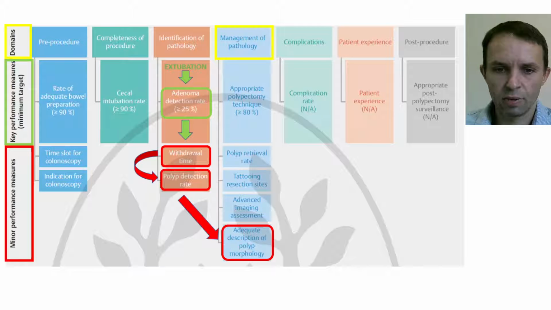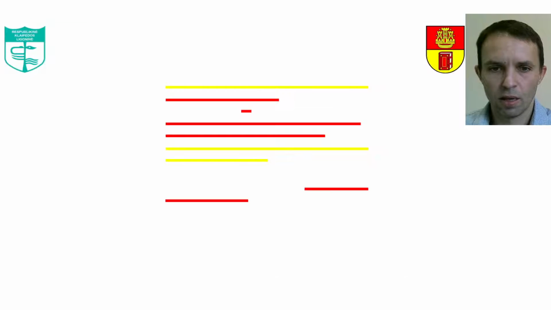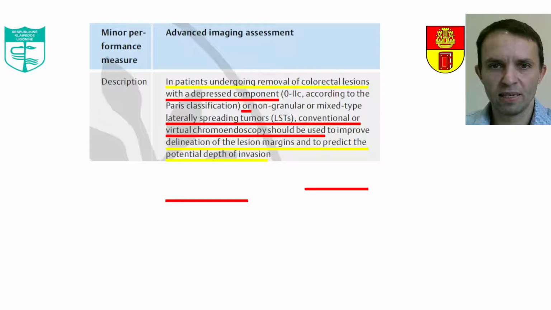After the adequate description with the Paris classification, we go to the next minor performance measure, advanced imaging assessment. And what do the guidelines say about advanced imaging assessment and especially about chromoendoscopy?